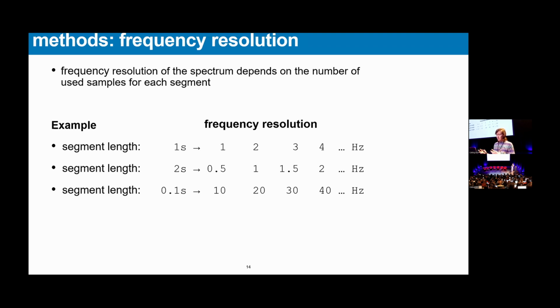A whole period of the oscillation has to fit into the segment for it to be resolved. So for instance, if you have a very short segment that's only 100 milliseconds long, you cannot really estimate the coefficient for a 1 Hertz sine.